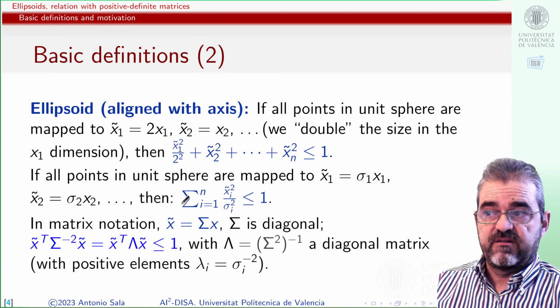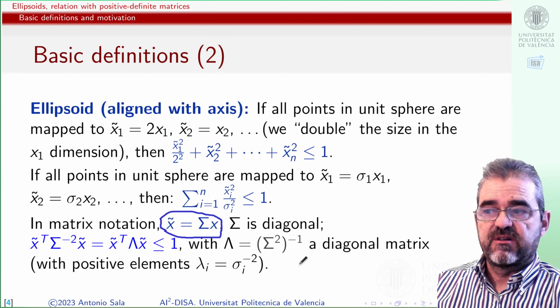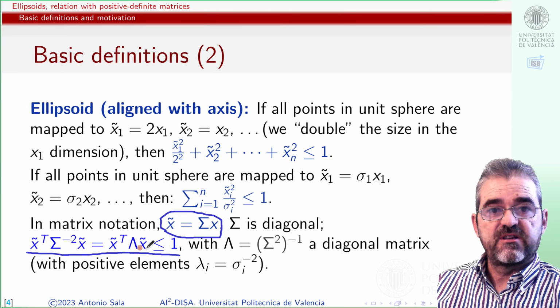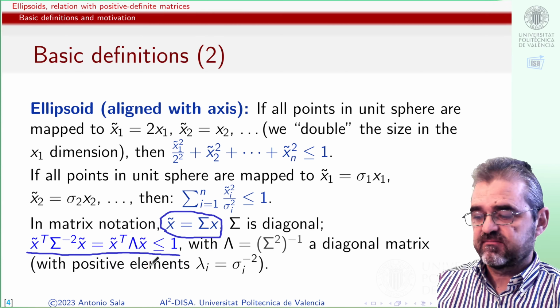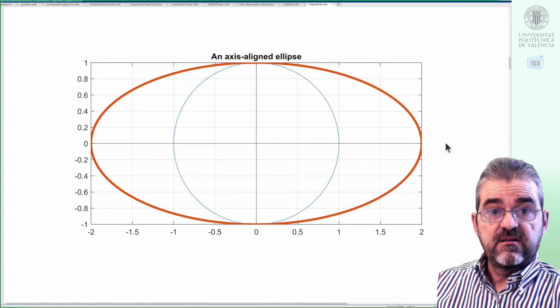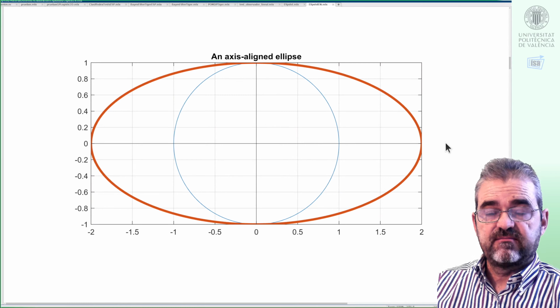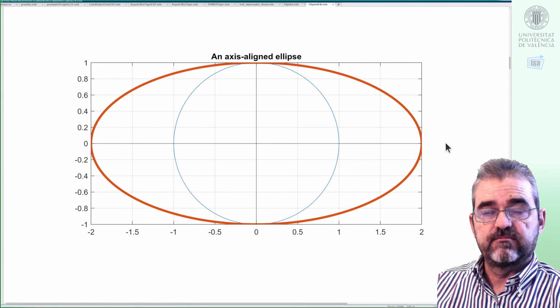And if I have a diagonal scaling of my original variables, I get these representations in the new coordinates with a quadratic form associated to a diagonal matrix with positive elements, like this one, which was associated to ellipses in 2D or ellipsoids in the general case, aligned with the coordinate axes, such as this one, in which we stretched the horizontal direction by a factor of 2.